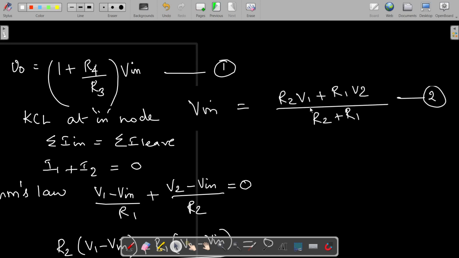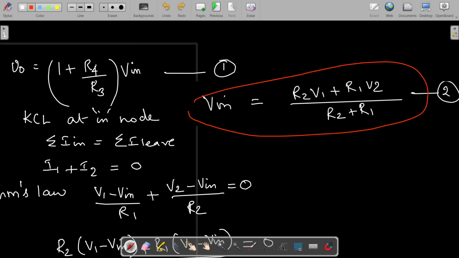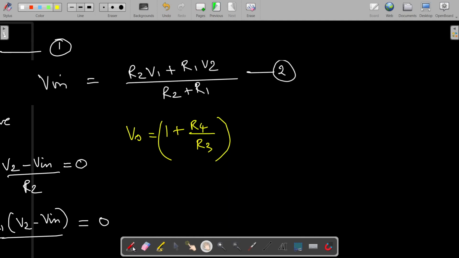Now have a look at the first equation and the second equation. In the first equation you can substitute the value from the second equation, that means instead of this Vin, you can substitute this expression. So V0 is equal to (1 plus R4 divided by R3) multiplied by Vn, and Vn is (R2 V1 plus R1 V2) divided by (R2 plus R1).